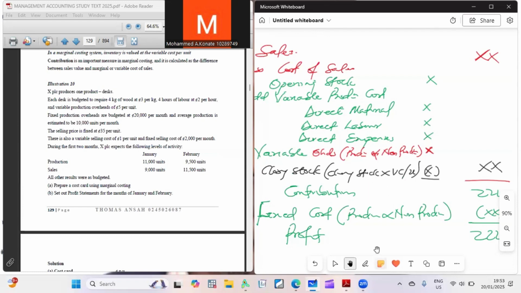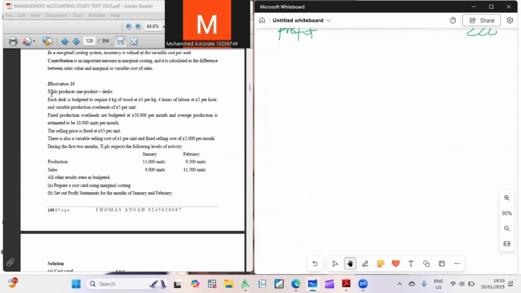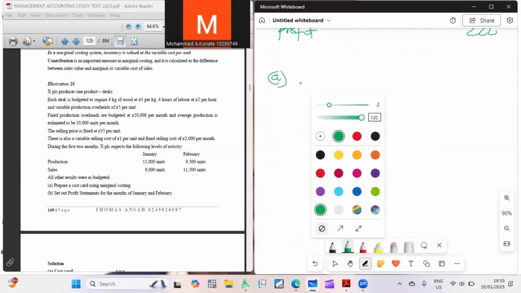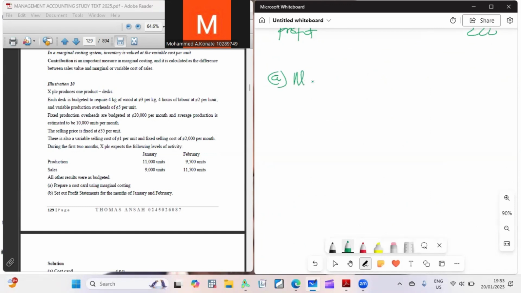Okay, so now let's set it up. The question, the same thing, the same question we had, and this time around we are preparing the cost card using marginal, and the profit also using marginal, the profit statement. So the cost card, we know for cost card, you will need the prime cost plus the overhead. But since we are doing marginal, let's see. The only thing that we will do is that we will need our direct material.